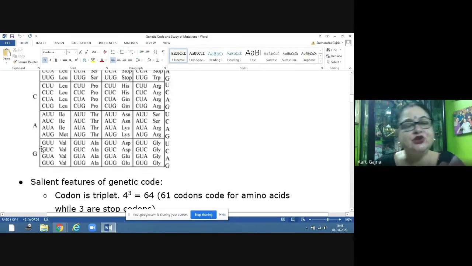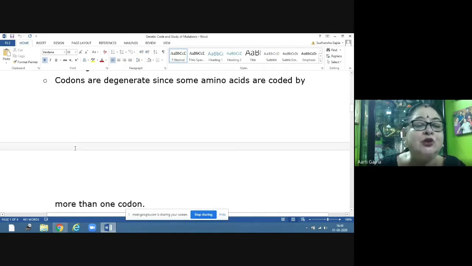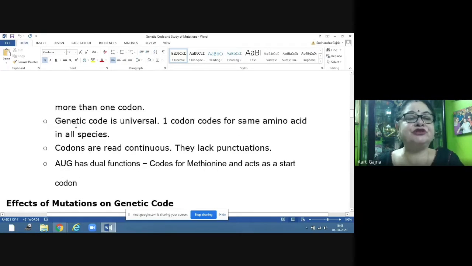So it will code for valine in bacteria, in dog, in tiger, in frog, in human being, in all species. That property of genetic code is called universal. So three properties are there of codon: one is unambiguous, second is degenerate, and third is universal.